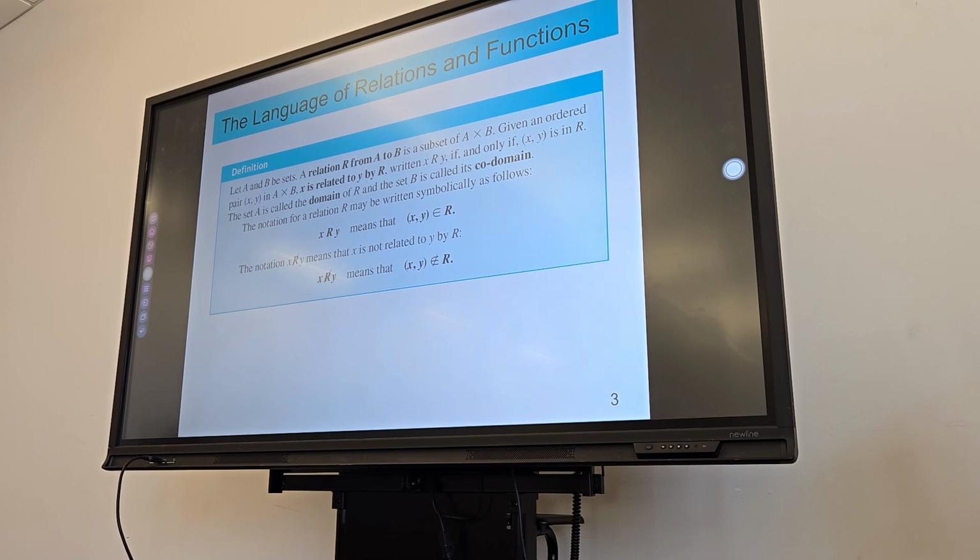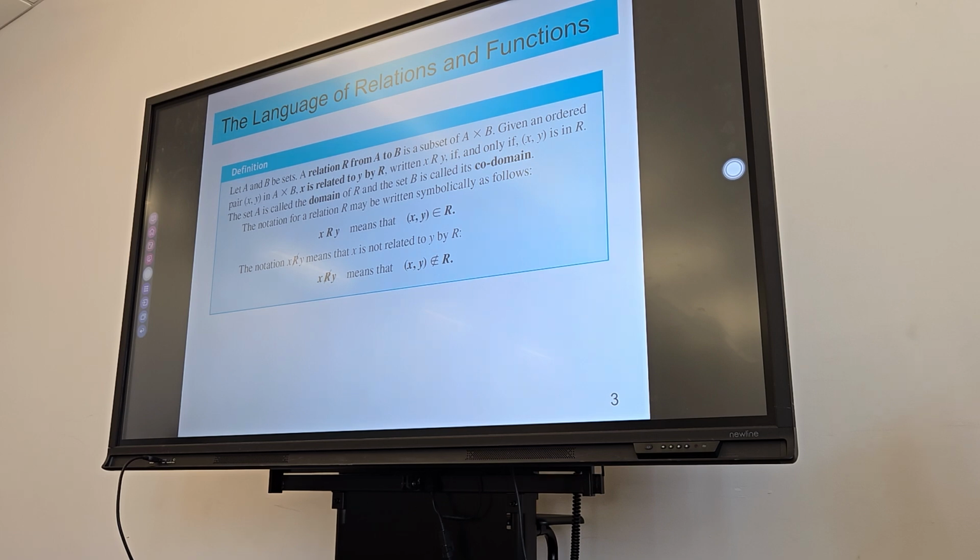It is a subset of the Cartesian product of A and B. Given an ordered pair (x, y) in A × B, x is related to y by R, written x R y, if and only if (x, y) is in R. So R is a subset of the Cartesian product of A and B.